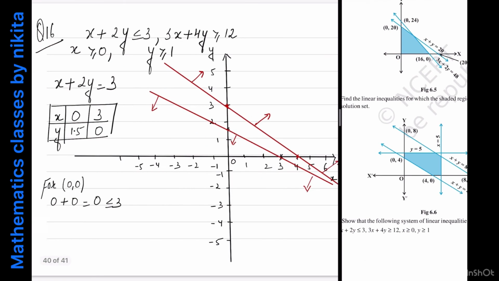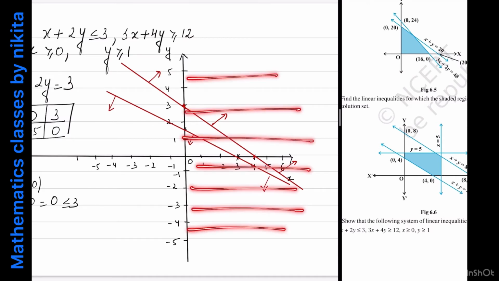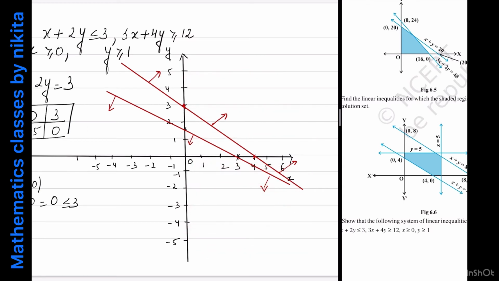Now next we have x greater or equal to 0. So x greater or equal to 0 means that you have this region. Let me show you this. This is your x greater or equal to 0. So I can mark this as, okay, and y greater or equal to 1.